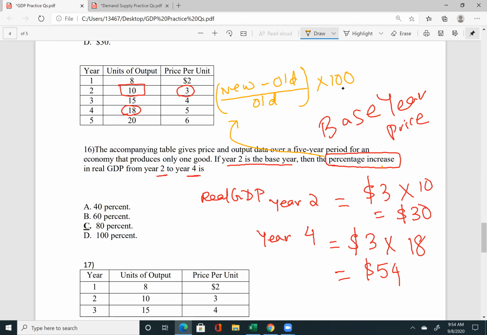Percentage increase or percentage decrease, whenever you hear the word percentage, you multiply by 100. So if I fill in the blanks, the new value is 54. From that, I'm subtracting 30, dividing by 30, and multiplying the whole thing times 100.